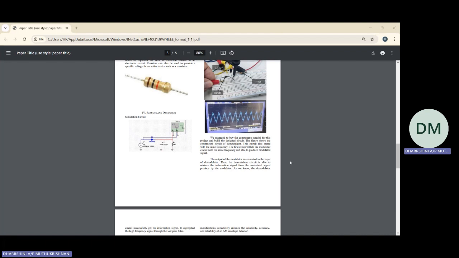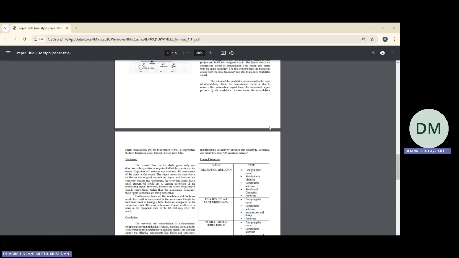As we can see, the demodulator circuit successfully gets the information signal. It separates the higher frequency signal through the low pass filter. The diode only allows current to flow in one direction, either the positive or negative half of the signal. The capacitor removes unwanted RF components from the output, leaving a signal similar to the original modulating signal.